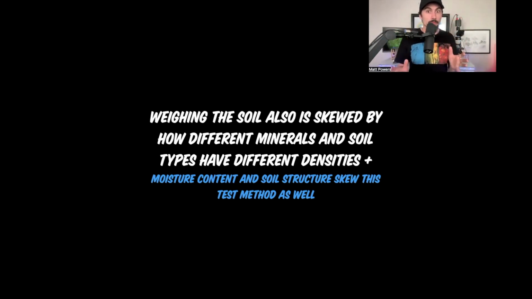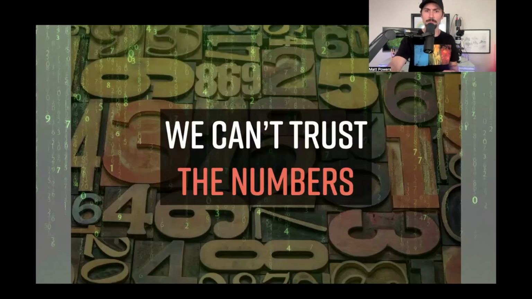So this is a problem. Moisture content, soil structure, all of this skews it. So we can't trust the numbers. If we multiply it up to an acre, it doesn't work, though people have been trained in that way.